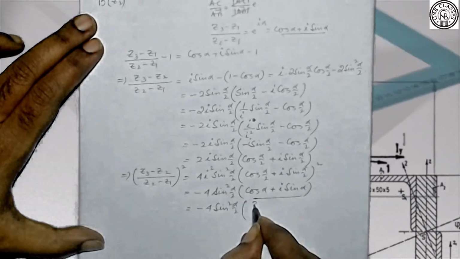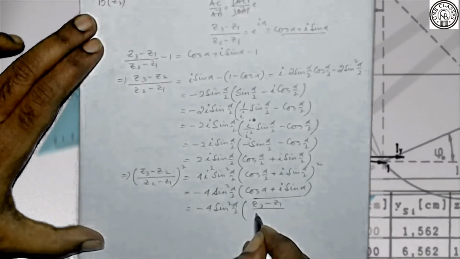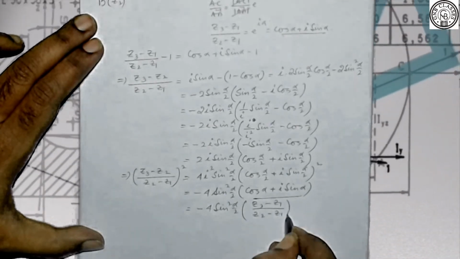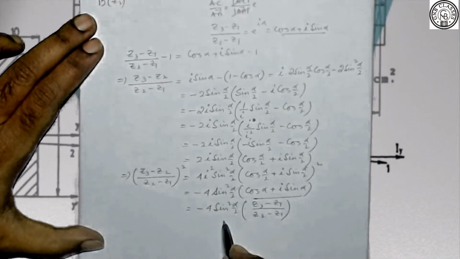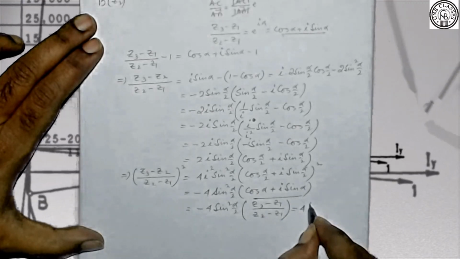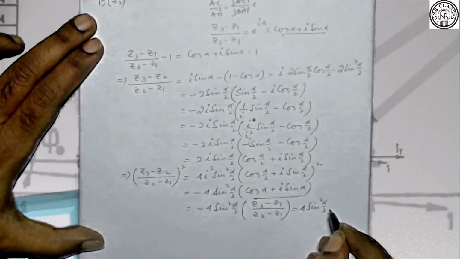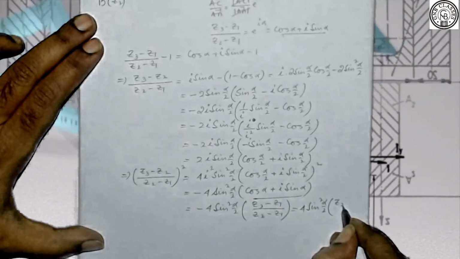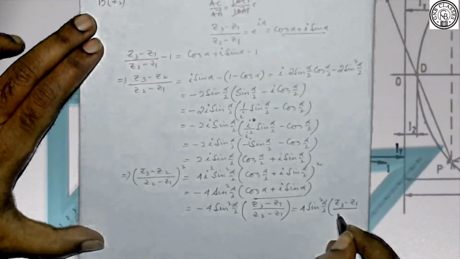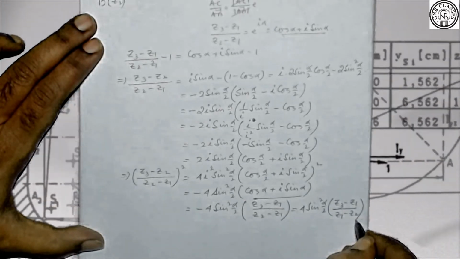So I'm simply writing that. Now if I take a minus common, so we are having 4 sin square alpha by 2 (Z3 minus Z1) by (Z1 minus Z2), correct?